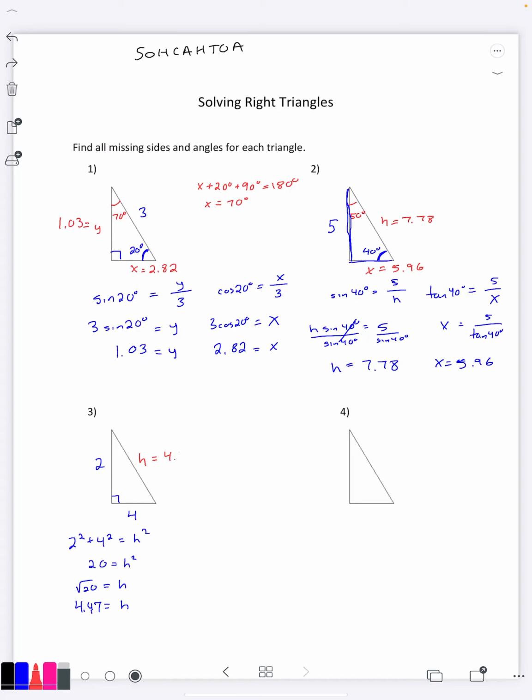And then you might say, well, we're stuck here. We can't actually figure out the angles. But what I'm going to do is I'm going to go ahead and call this angle theta. And I'm going to use tangent of theta. Y over x is 2 over 4. So tangent theta is 1/2.